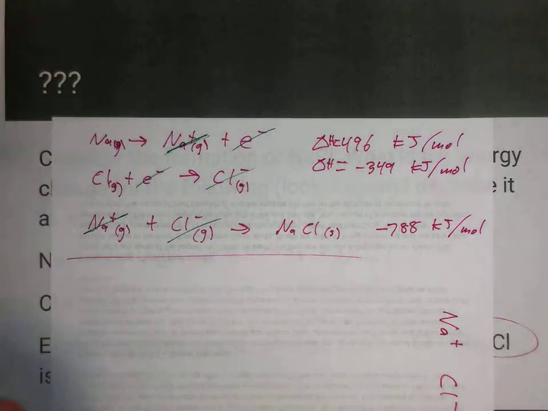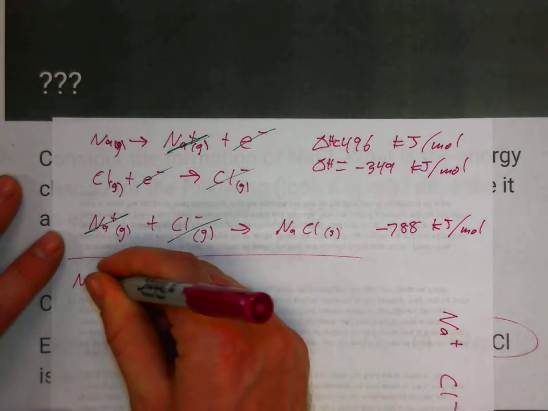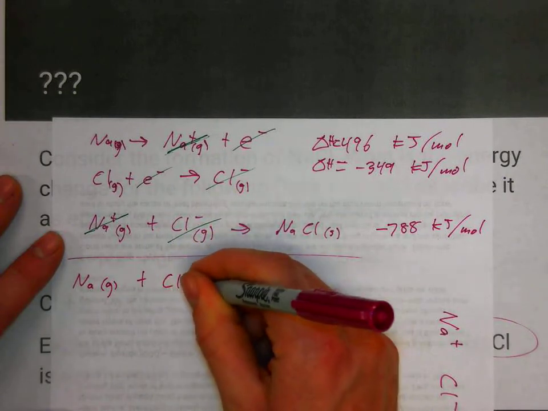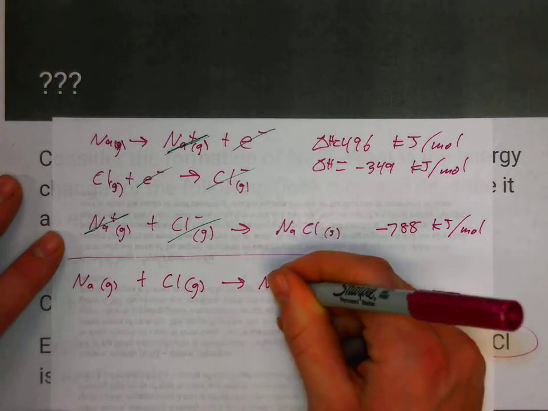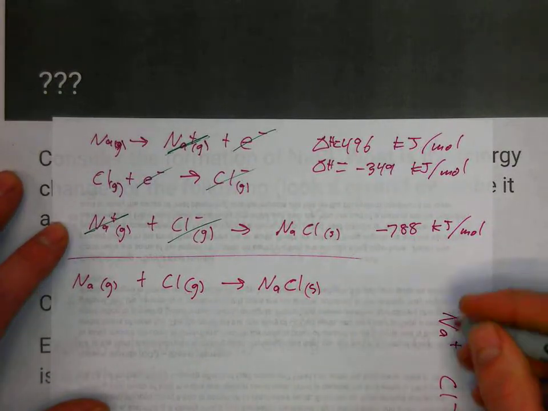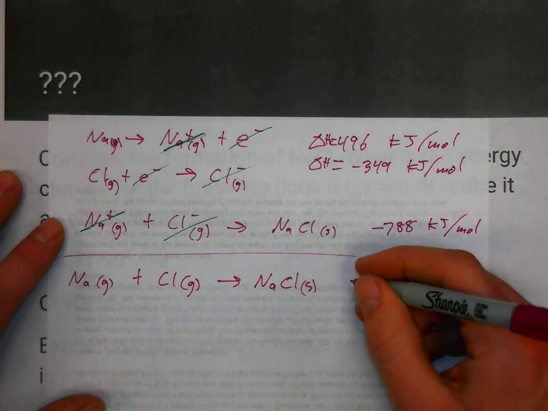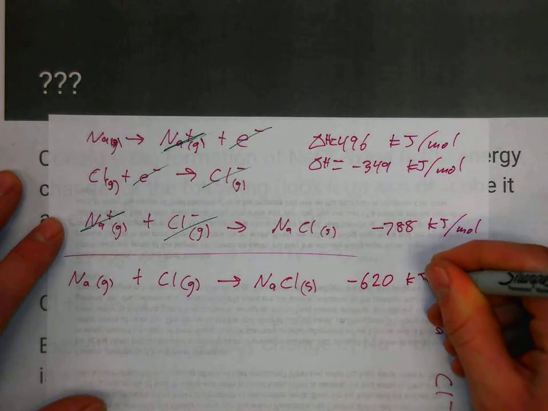And so our overall, or net, reaction looks like this. Sodium plus the chloride produces sodium chloride. Add together these energies and we get the value negative 620 kilojoules per mole.